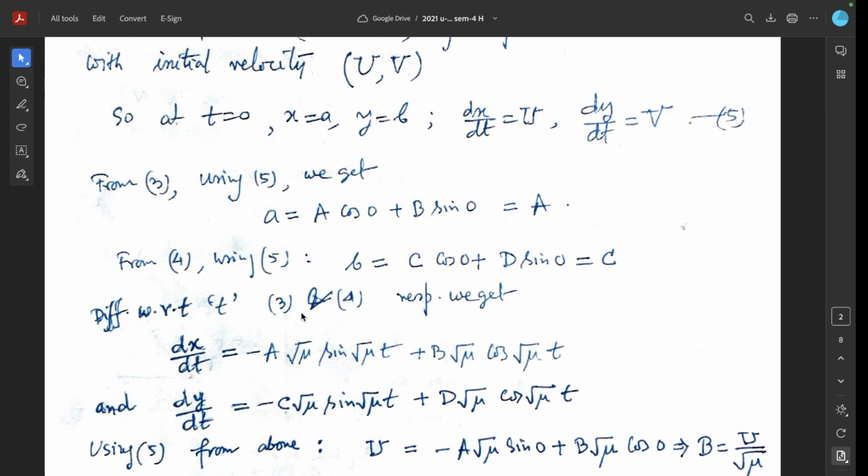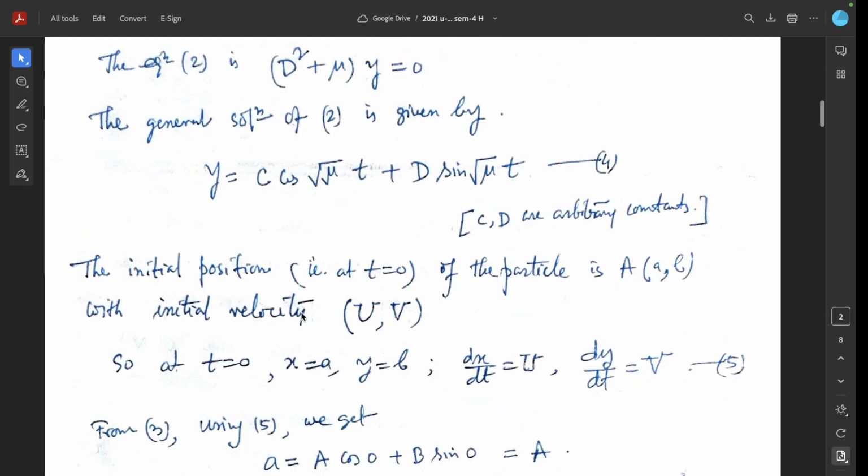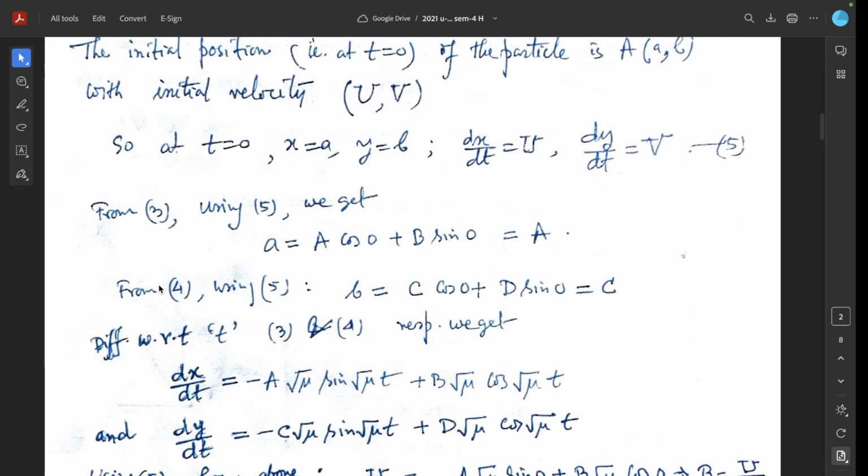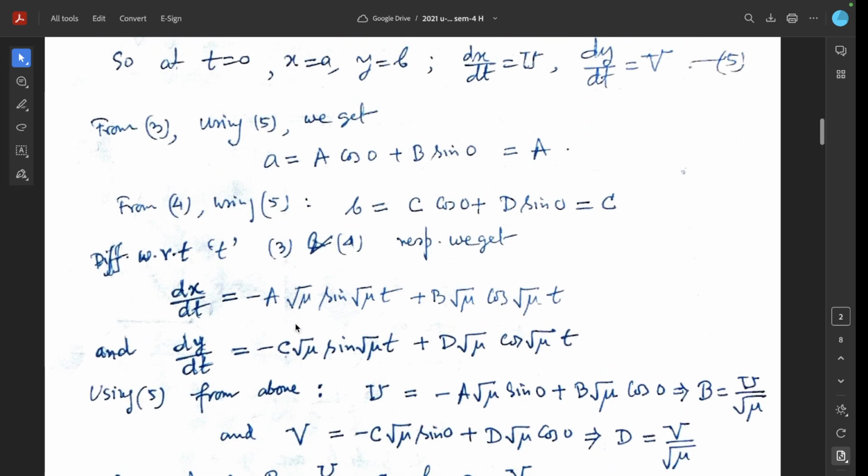Differentiating equations 3 and 4 with respect to t, we get dx/dt and dy/dt respectively. Using the initial conditions, from dx/dt equal to capital U at t equal to 0, we get B equal to capital U by root mu. And dy/dt equal to capital V at t equal to 0, so putting t equal to 0 here, D equal to capital V by root mu.